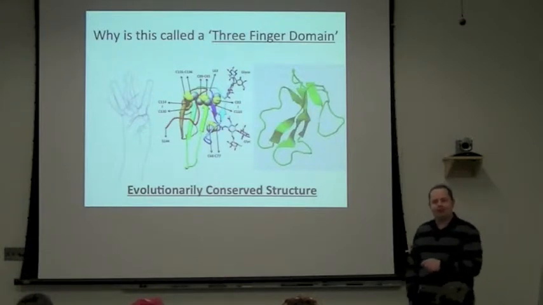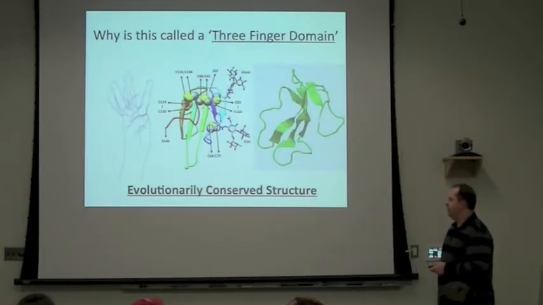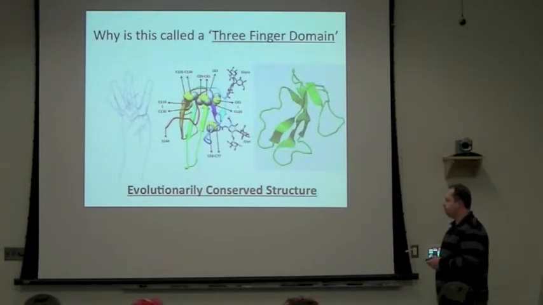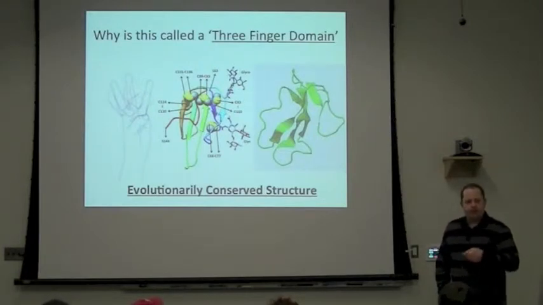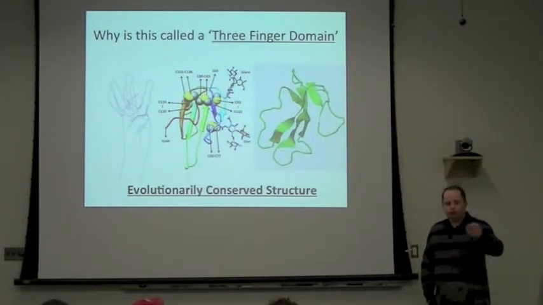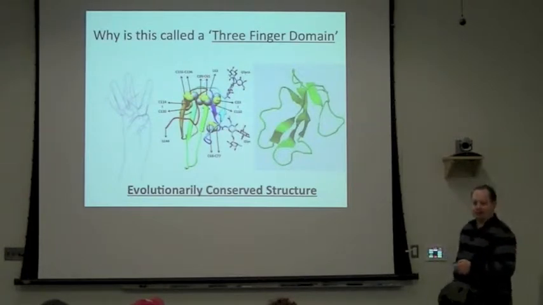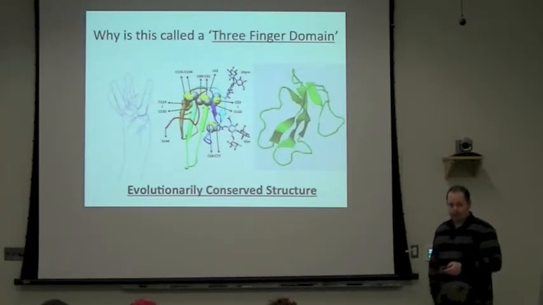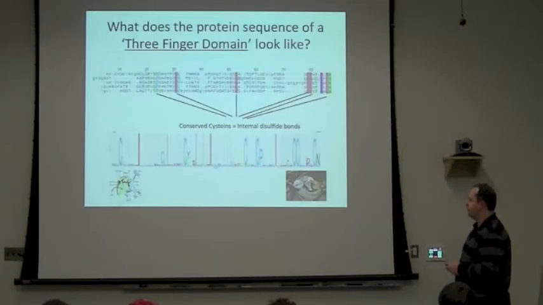This domain is only about 70 to 100 amino acids in length, sometimes as long as 115 amino acids. But it's basically composed of a series of cysteines, and whenever we find it, this is the structure. Compare the structure among different three-finger domains from very different organisms with very different jobs to do, and they look like this. It's a pretty simple structure, so it's kind of hard to get it wrong.